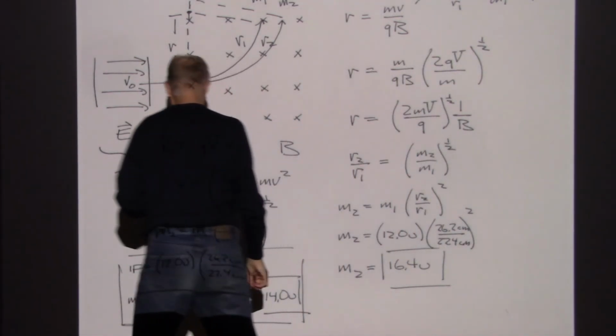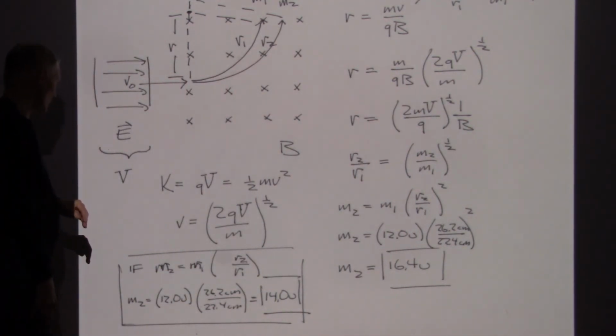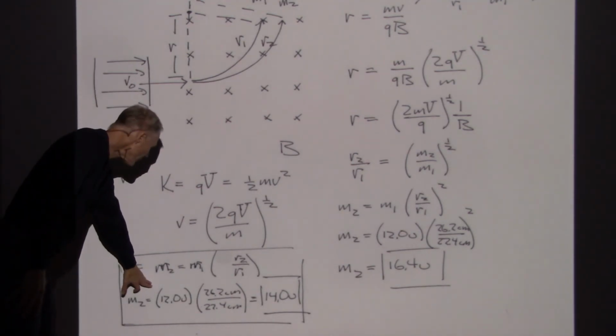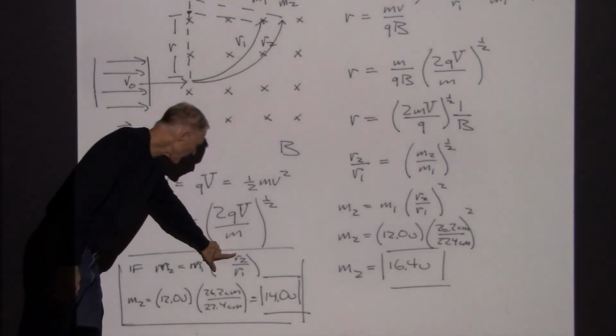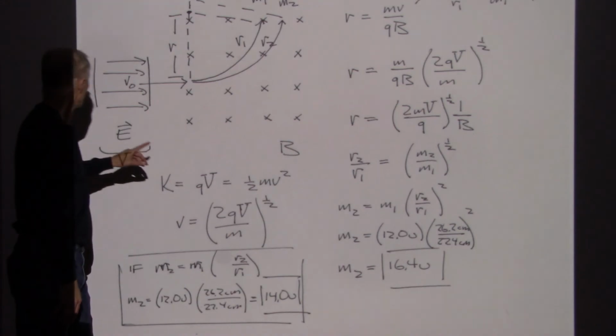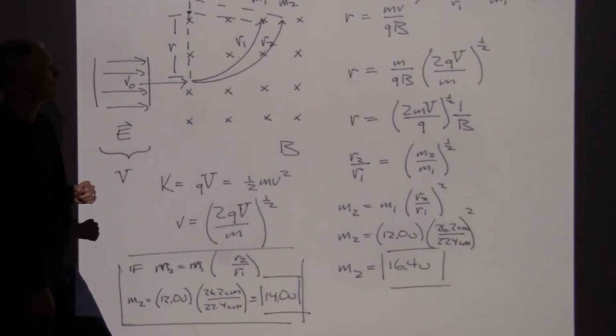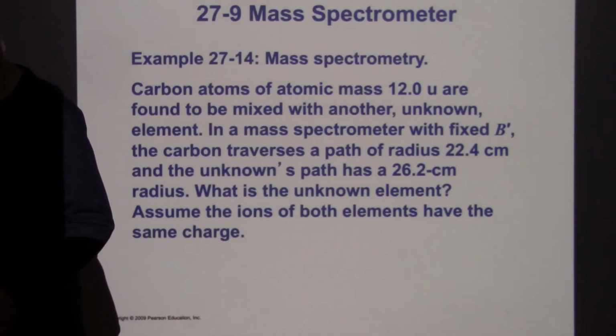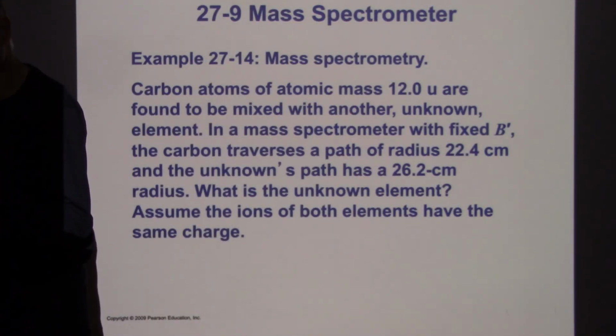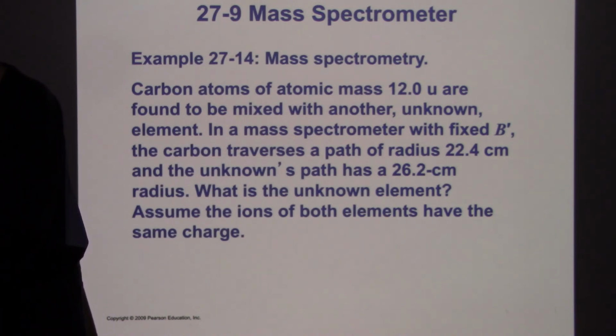If that's the case, then what we can say is that the mass of 2 is equal to the mass of 1 times the ratio of R2 to R1, and they gave us those numbers on the previous page. So the numbers here are 22.4 centimeters and 26.2.